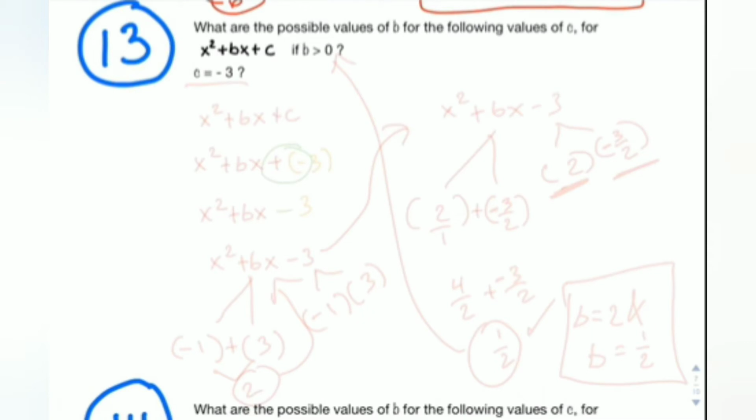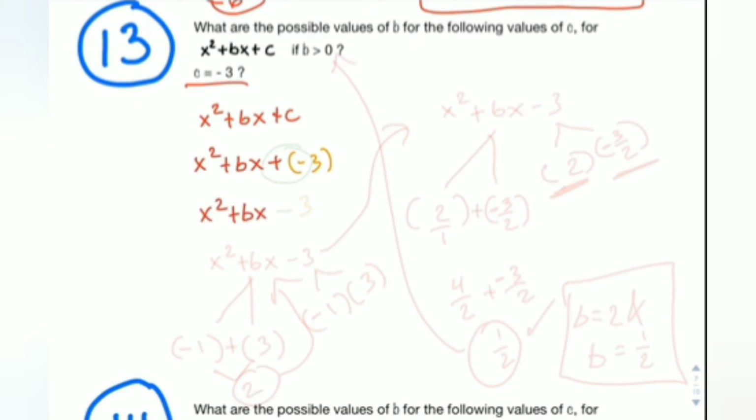Same thing. Now C equals -3. So x squared plus bx plus c, and we know c is -3 from the question. So every time we see a c, we plug in a -3, in parentheses.